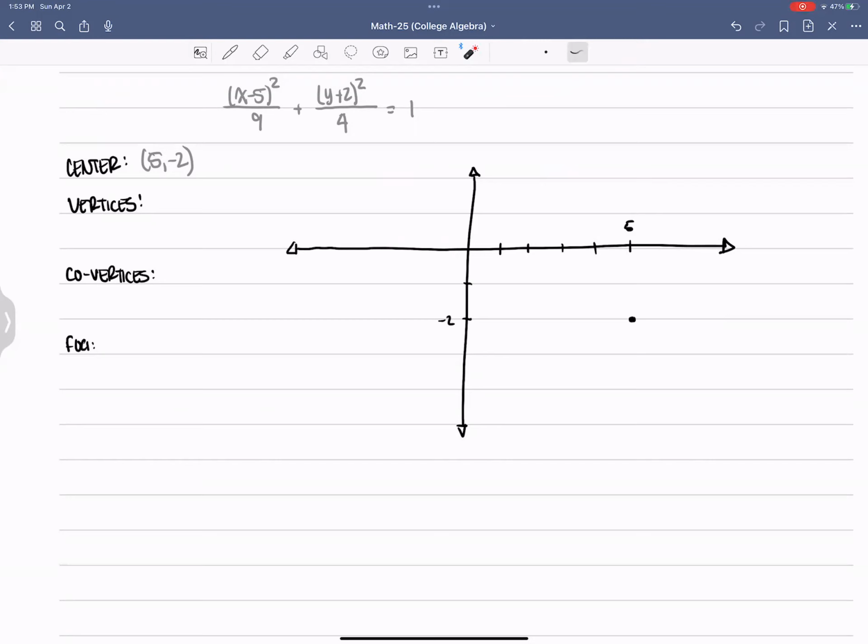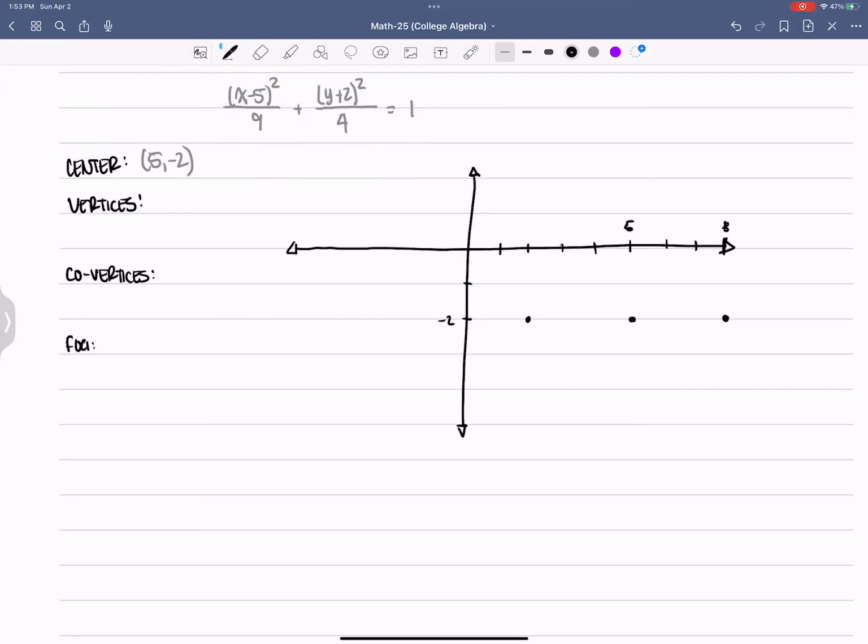Vertices come off our major axis, 9, so it looks like this is our major axis. We're going 3 units in the x direction: 1, 2, 3, and 1, 2, 3.